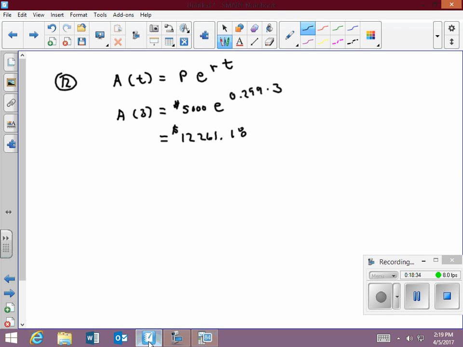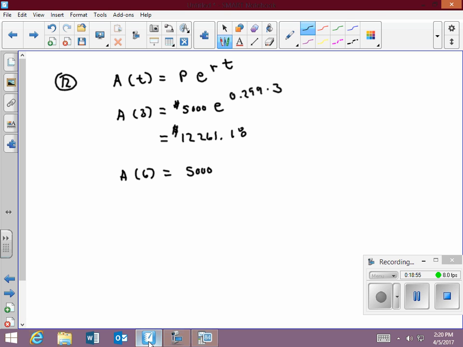And then at the end of 3 years, you can't pay it, right? So they say, well, we'll just let you go another 3 years, right? Just continue on. So essentially, you're doing A of 6, right? So you're going to do 5,000.